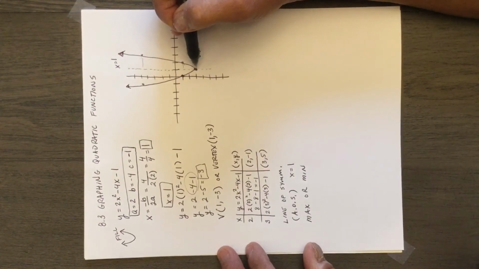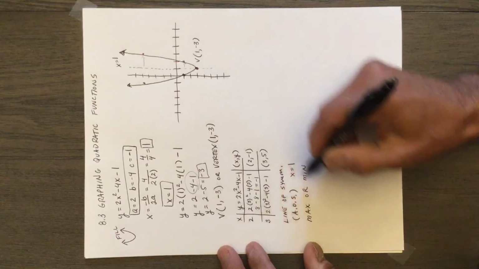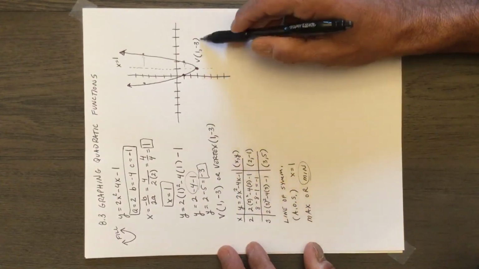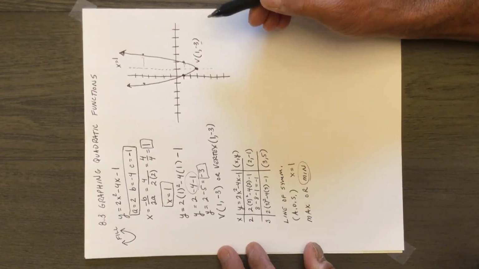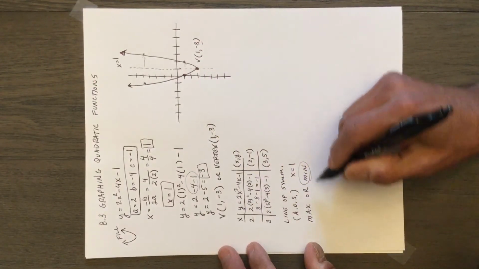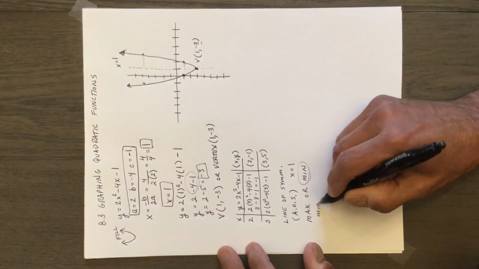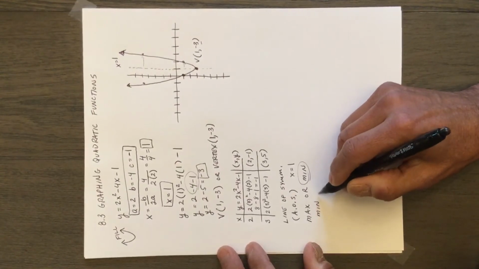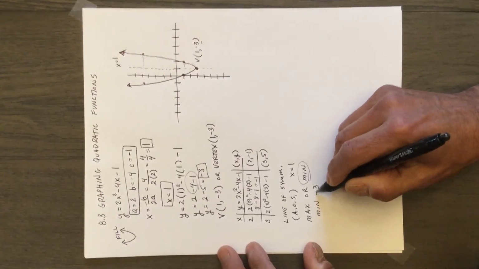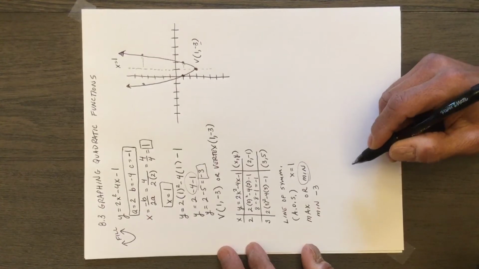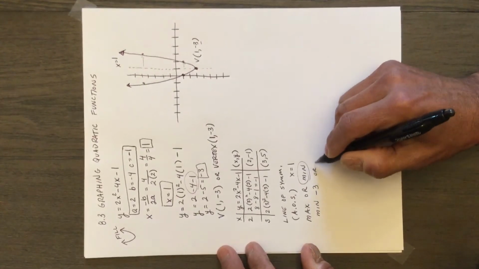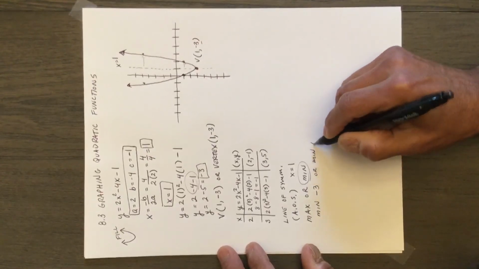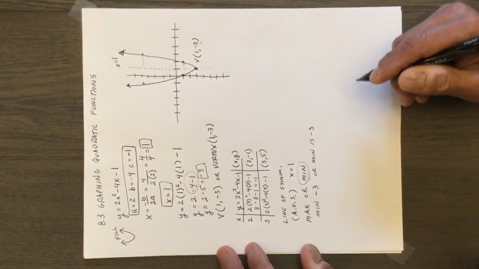The minimum value on this is -3. And where do I get that from? I can get it right from there, okay? So my minimum value is -3, okay? You can write it this way, or you can write it minimum is -3, okay?